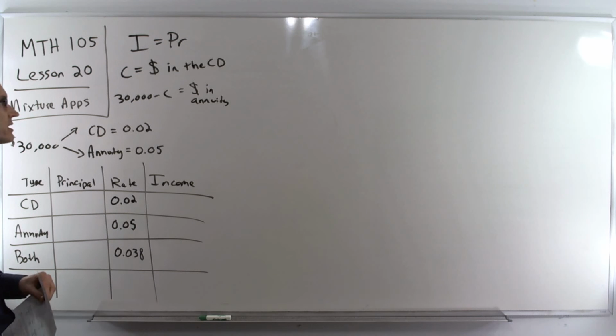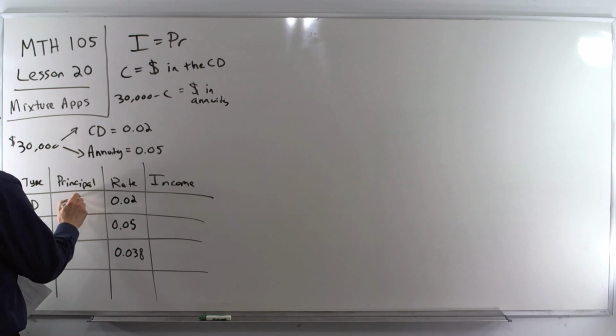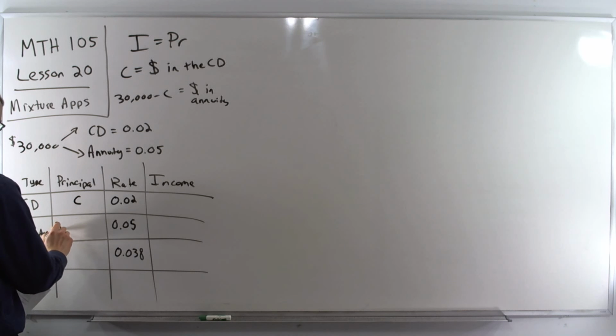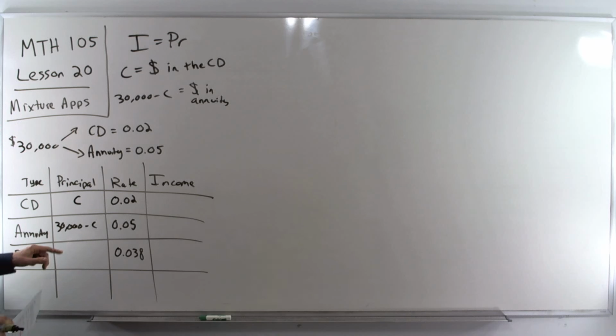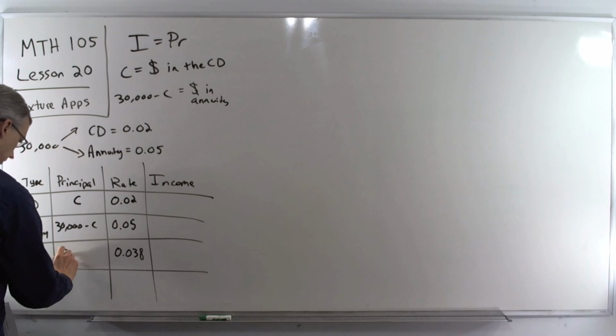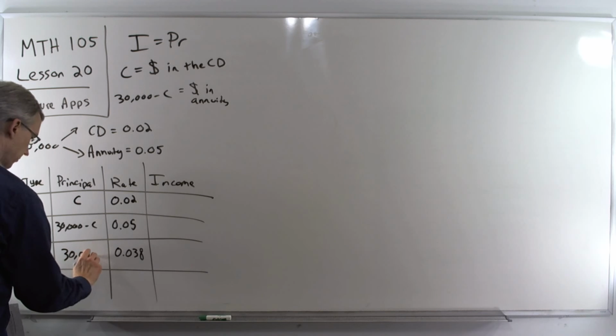So 30,000 minus C represents the number of dollars in the annuity. So I'm going to put in C for the CD and 30,000 minus C for the amount going into the annuity. And for both together, we're putting in 30,000.